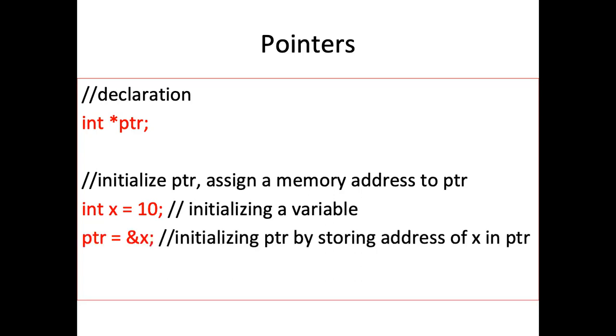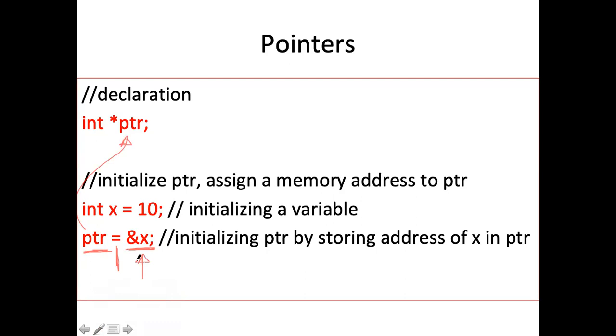So that means that in order to initialize the pointer, you have to write down this statement, where on the left hand side you have the name of the pointer, which is the same as the one used in the declaration, followed by the assignment sign, followed by the ampersand variable. Ampersand variable is primarily retrieving the address of this variable x.